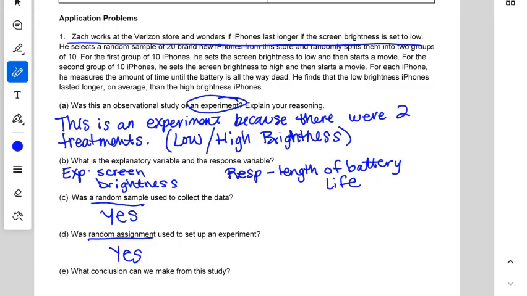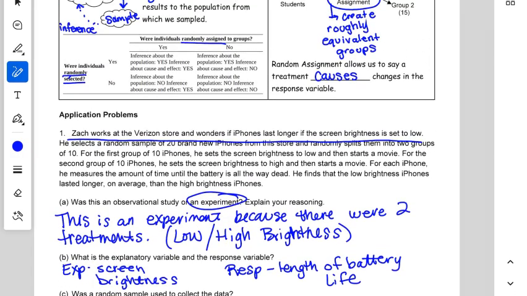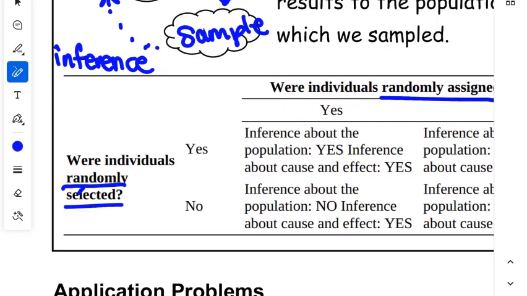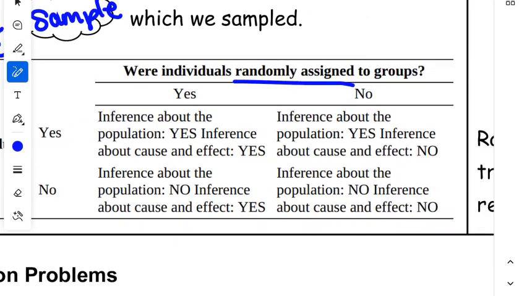Okay, we can do more than just say it's correlation. The reason is because we said random assignment, random sample. So if we go up here, we can actually make an inference about the population and cause and effect. If we didn't have a random assignment, you would be correct. But since we have a random assignment, we can actually say this causes this.